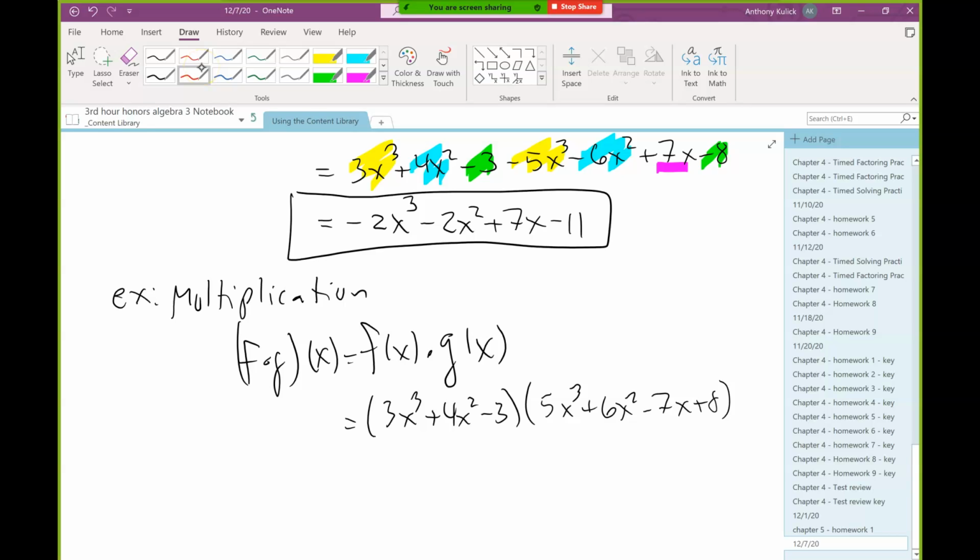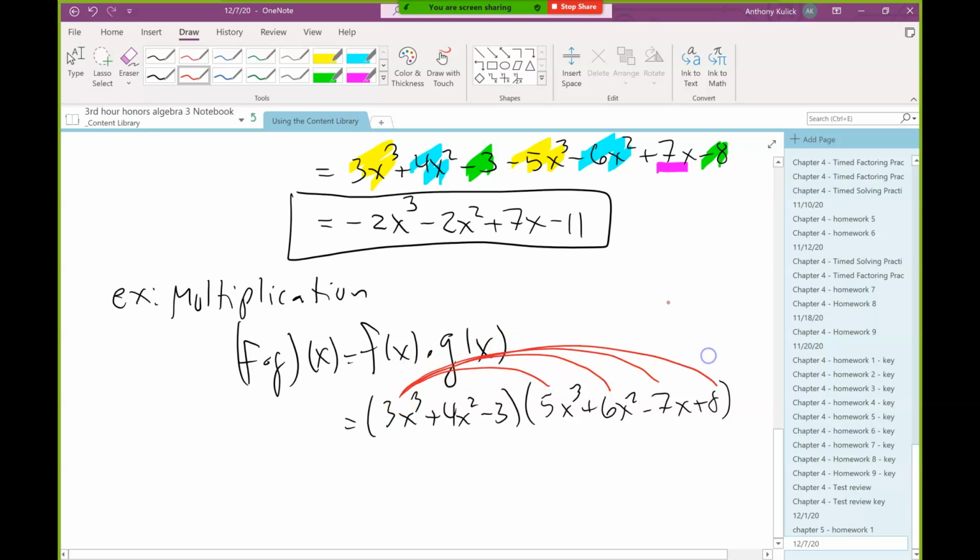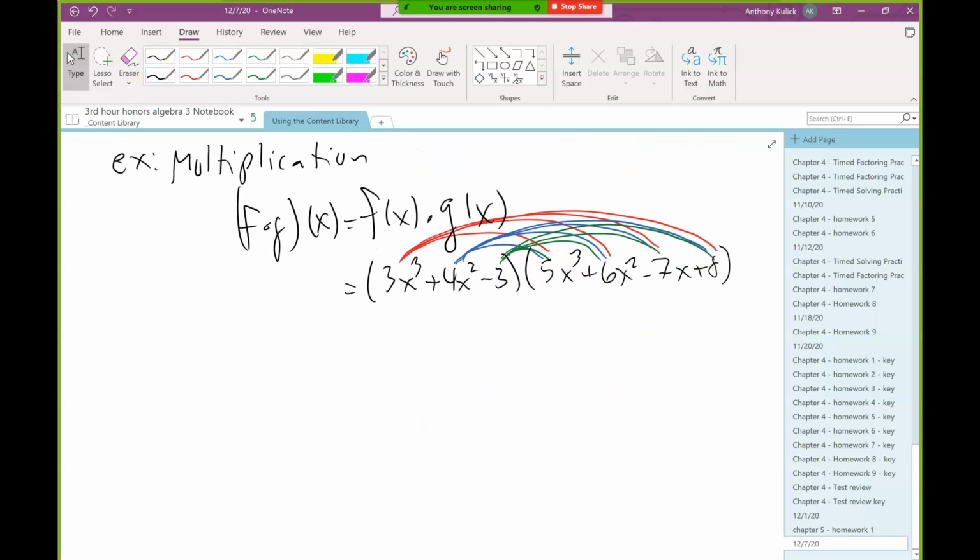Now, one way we could do this multiplication is just multiply each term in the first polynomial to each term in the second polynomial. Like this, but that's kind of a lot of stuff to keep track of, right? We have 12 little multiplications to do there.